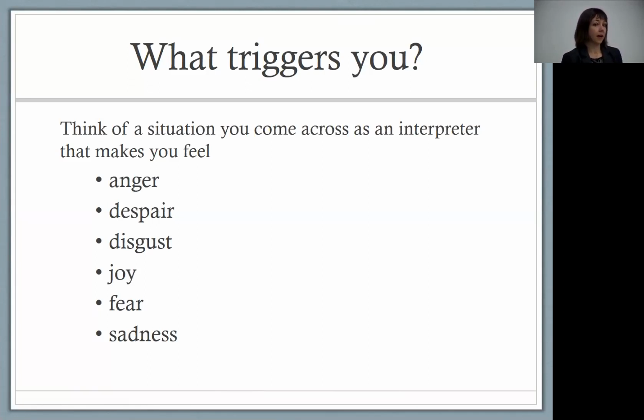That might not be bias, so to speak, but it's something that you're reacting to, and you might have an emotional reaction to it, and you need to remember how to act in that situation. The same thing with joy. It can overtake you, and if you're overjoyed by something that's happening as an interpreter, again, it could affect how you understand it. It could affect how you deliver it.